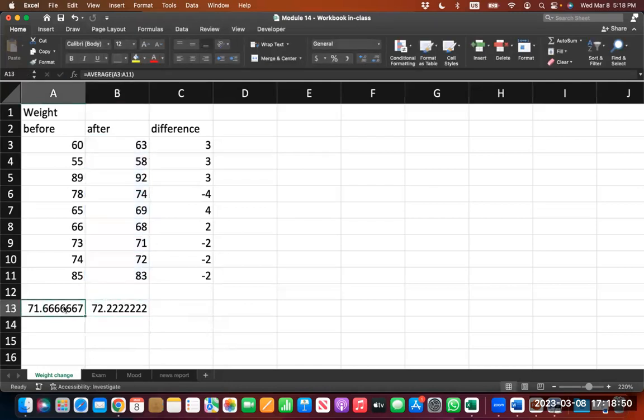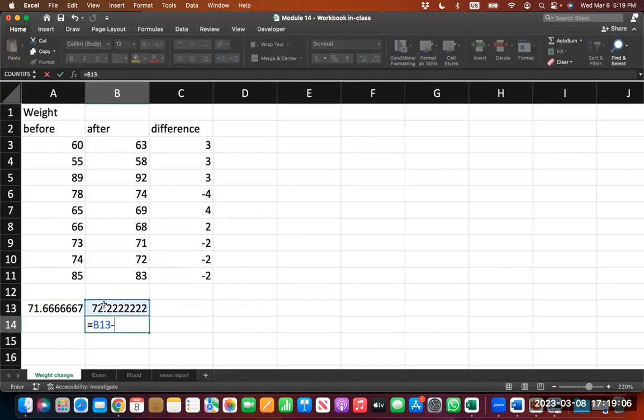There seems to be an increase from 71.67 to 72.22. Arithmetically, this is an increase of 0.56.